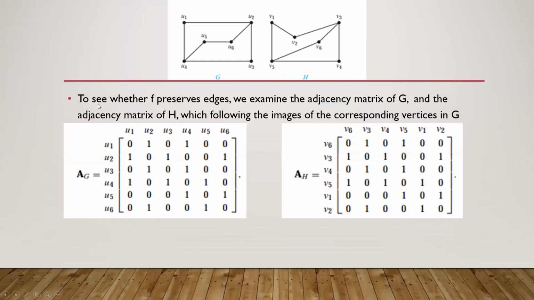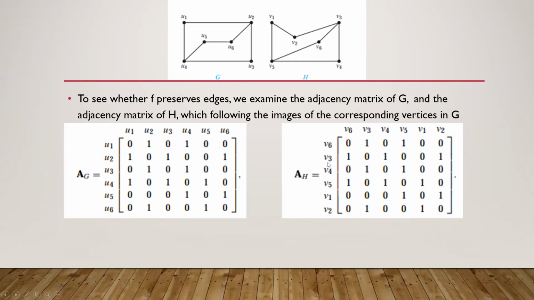To see whether f preserves edges, we examine the adjacency matrix of G and the adjacency matrix of H, following the images of the corresponding vertices in G. So we have this graph, and as we can see in graph H, here's u1, so here is v6.